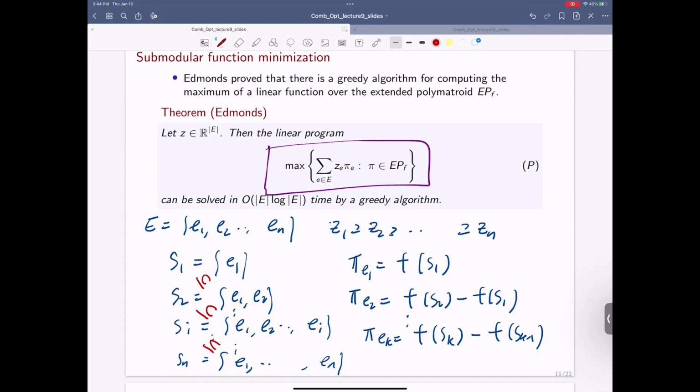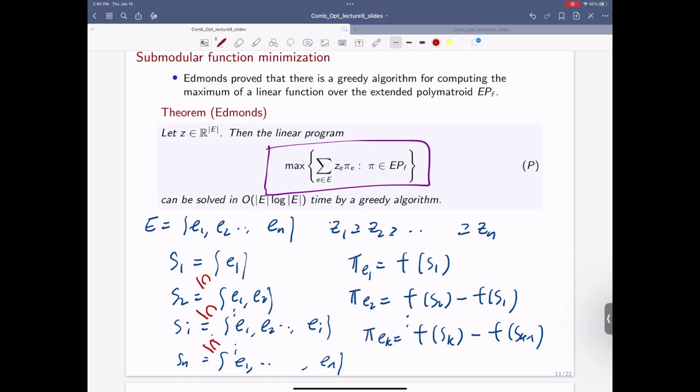The proof is based on LP duality. You can look at the dual of this and construct optimal dual variables, and you can use complementary slackness. You can prove that the primal value with this solution and the constructed dual solution have the same value. That will prove that the solution is optimal by the strong duality theorem.